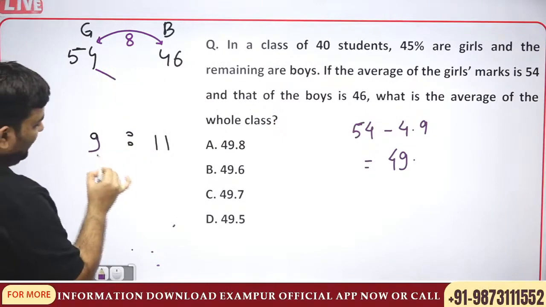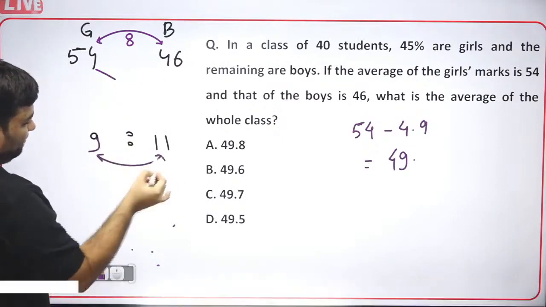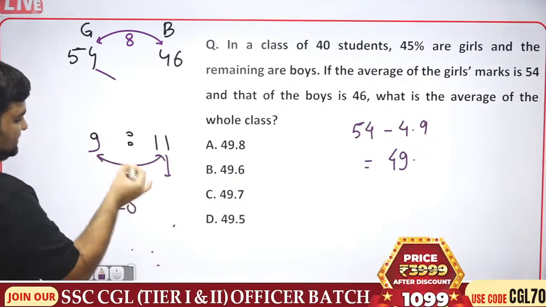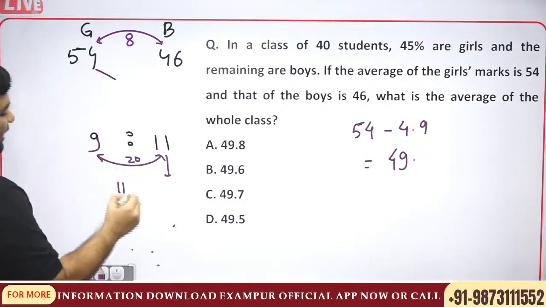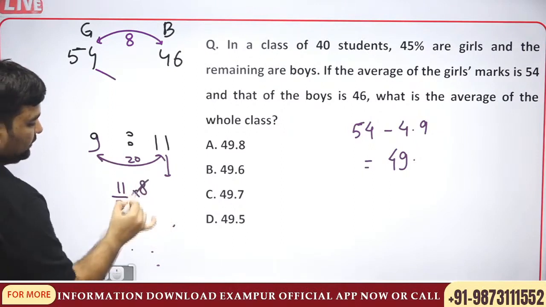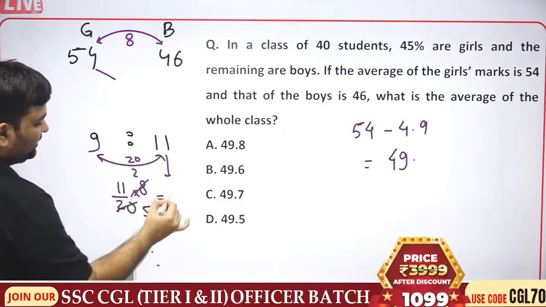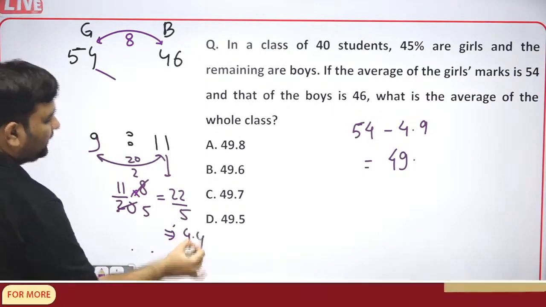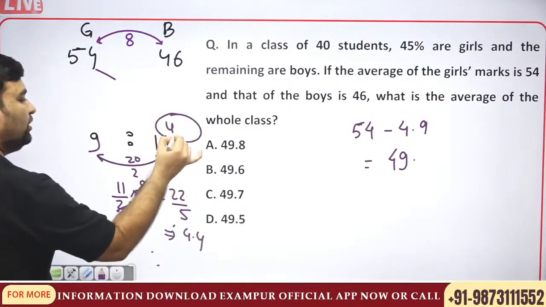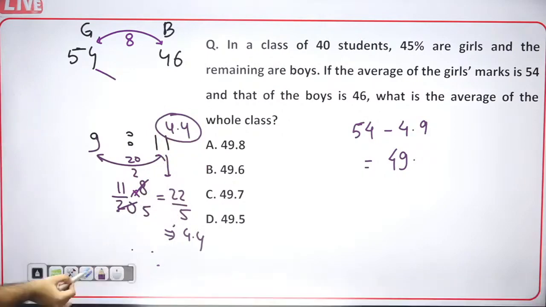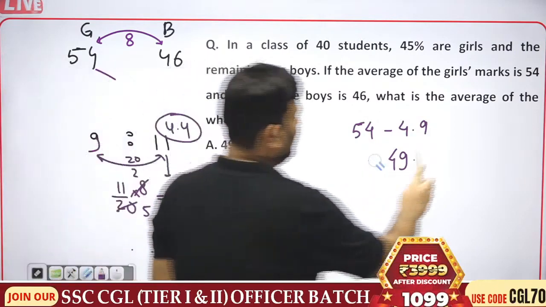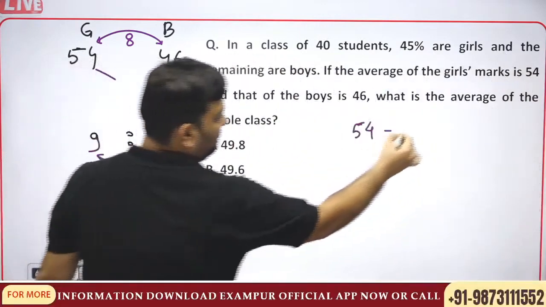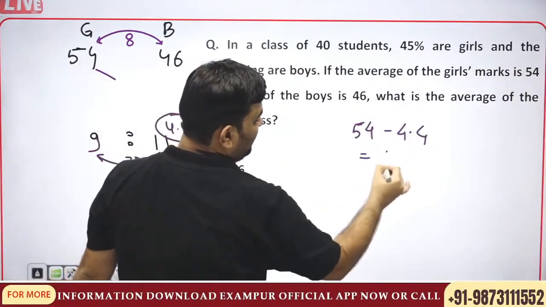So the deviation of 8 needs to be divided in 20. The value of 11 is 11 by 20 of 8, which is 22 by 5, that is 4.4. So your answer is 54 minus 4.4, that is 49.6.